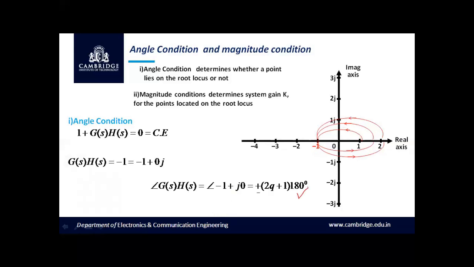Hence this is justified. The angle condition is given by plus or minus (2q plus 1) into 180 degrees. If this angle condition is satisfied, then the point lies on the root locus. If this condition is not satisfied, then the point does not lie on the root locus.